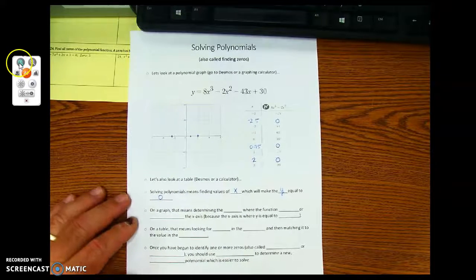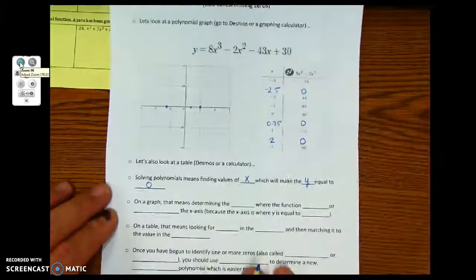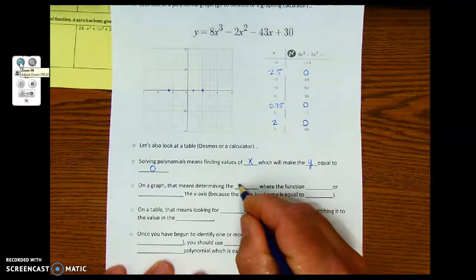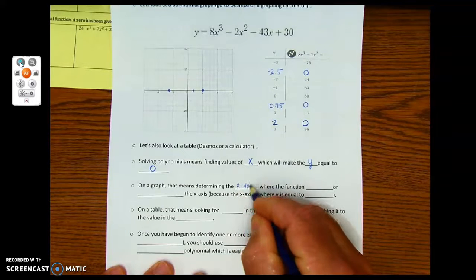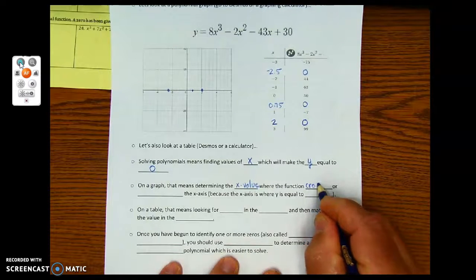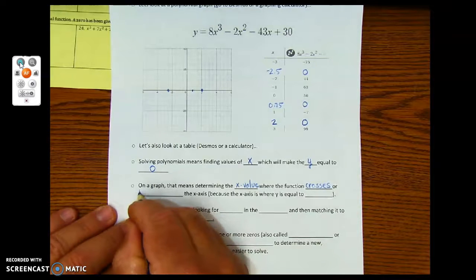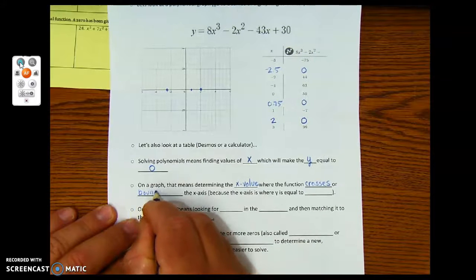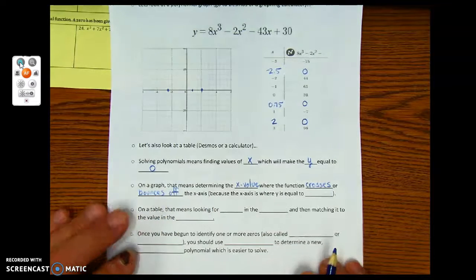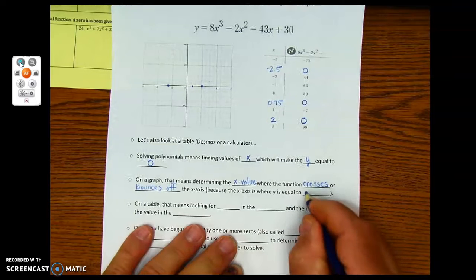I'm going to zoom in a little bit here. On a graph, that means determining the x value where the function crosses or bounces off the x-axis, because the x-axis is where y is equal to 0.